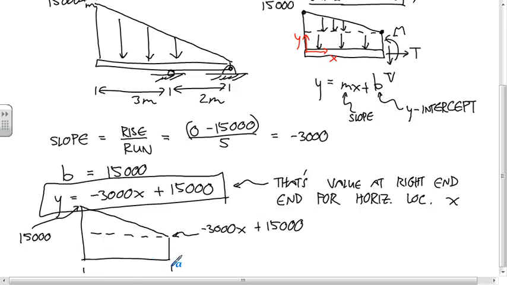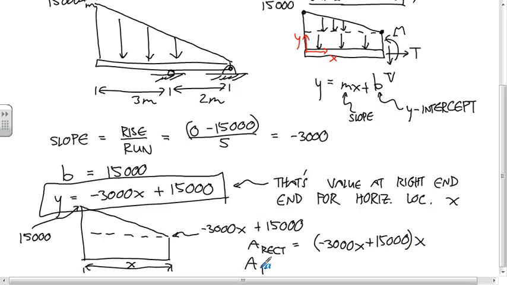The width of both the rectangle and the triangle is x. And so the area of the rectangle is the height of the rectangle, negative 3,000 x plus 15,000, times the width. And so just multiply through and you get your expression.